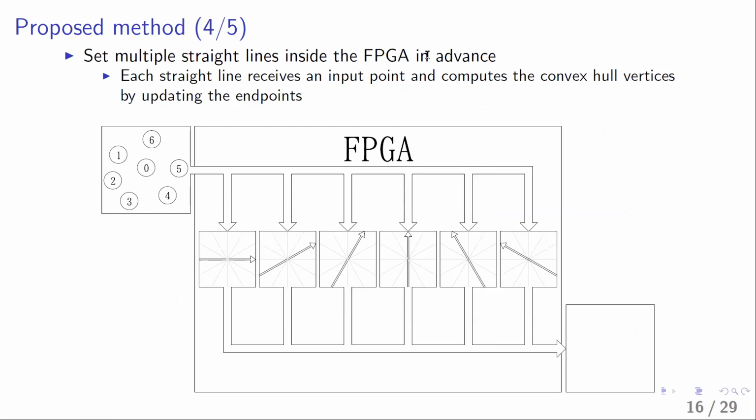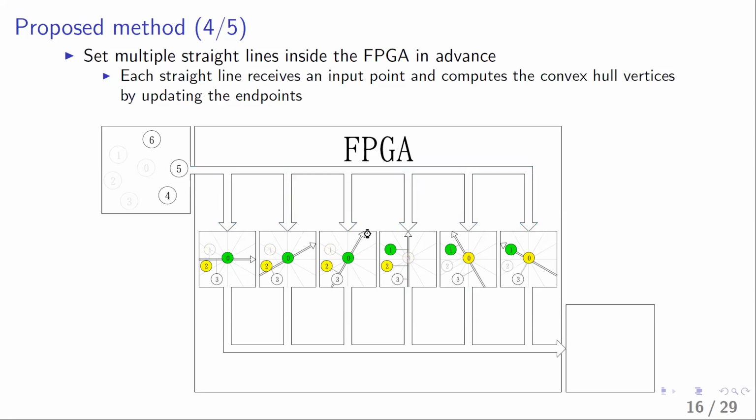The behavior of the FPGA implementation of this method is shown in the figure below. Set multiple straight lines inside the FPGA in advance. Then each straight line receives an input point and computes the convex hull vertices by updating the endpoints.